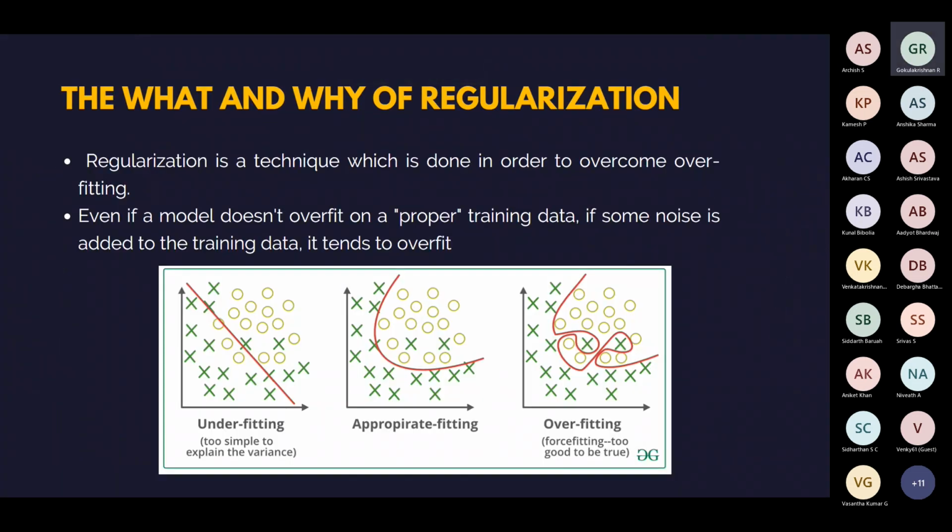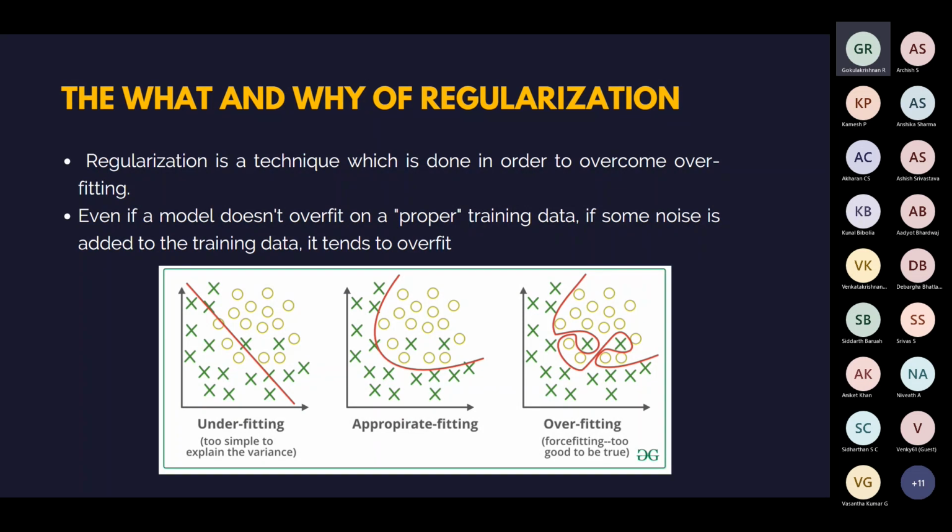Let's dive right in. So, what is regularization? Regularization is a technique which we use to minimize overfitting. Why was it thought of? In the 1990s, when machine learning was taking off, people noticed a common issue: most models tend to overfit.